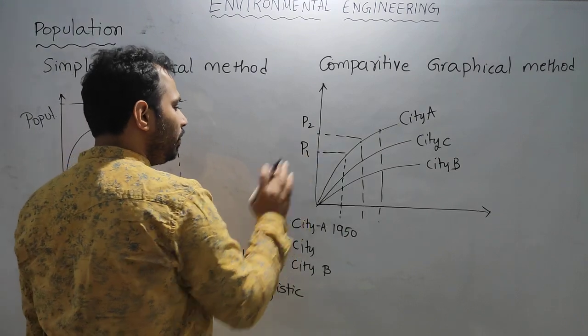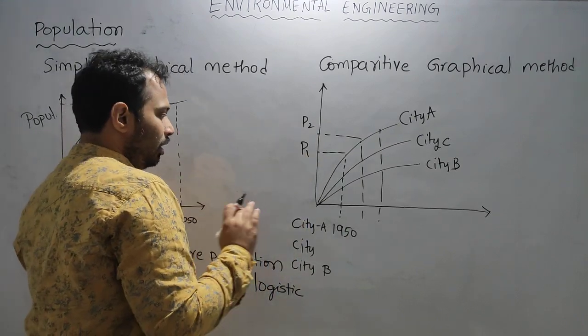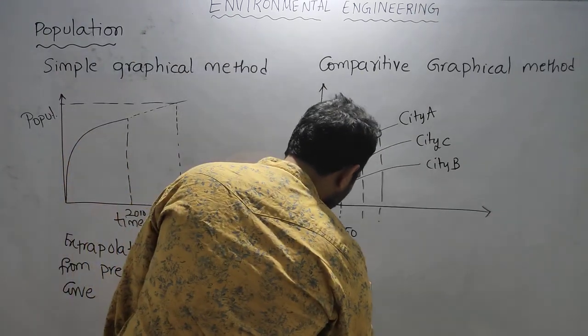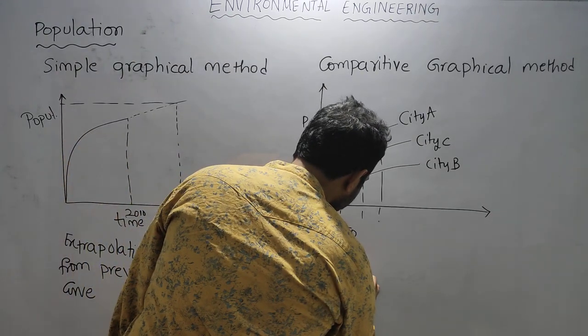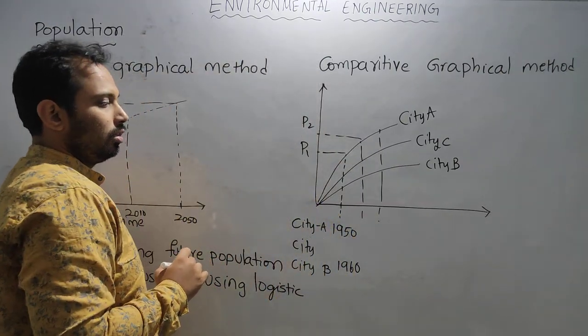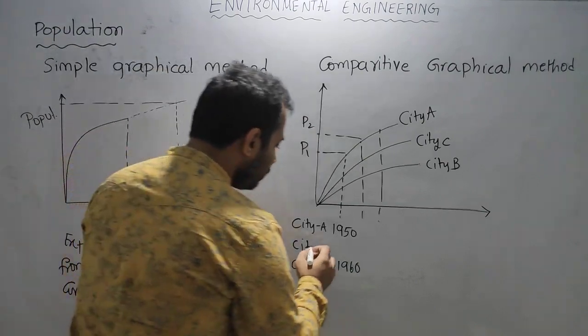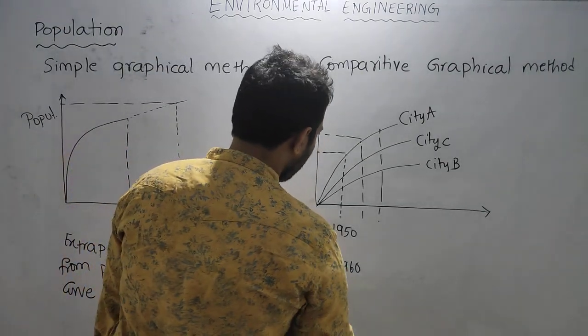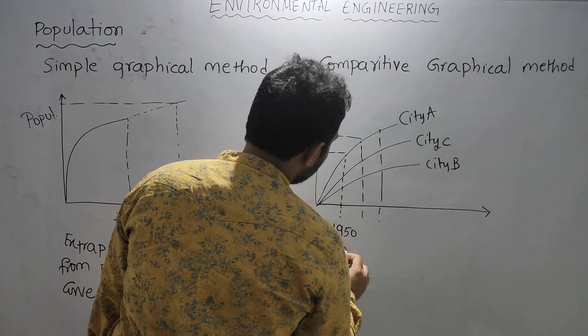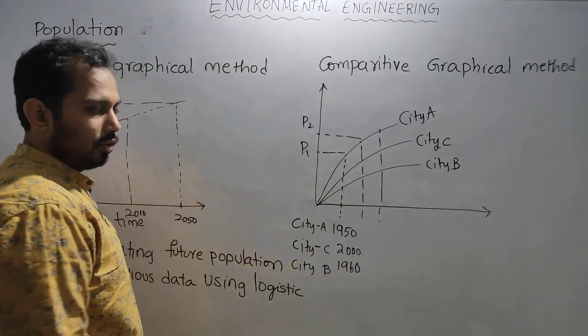The population P1 is achieved by city A in the year 1950, and by city B somewhere around 1960. City C achieved this in 2000.